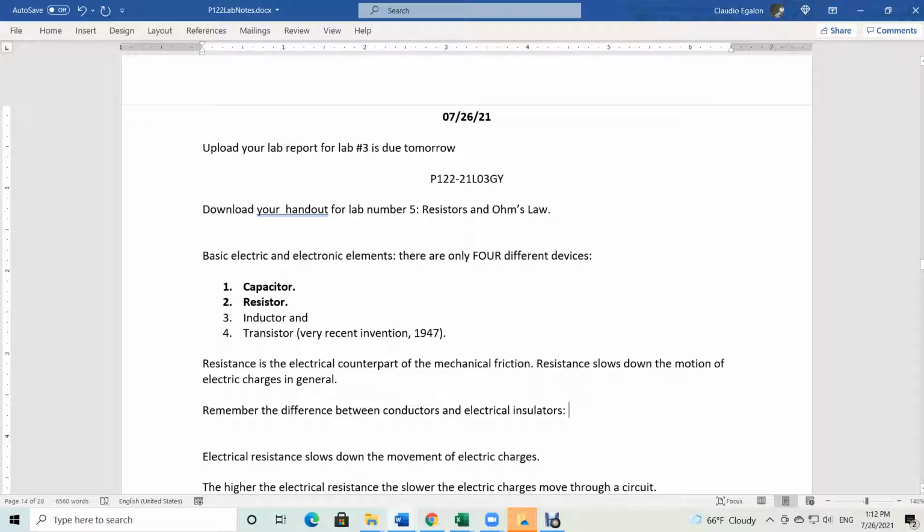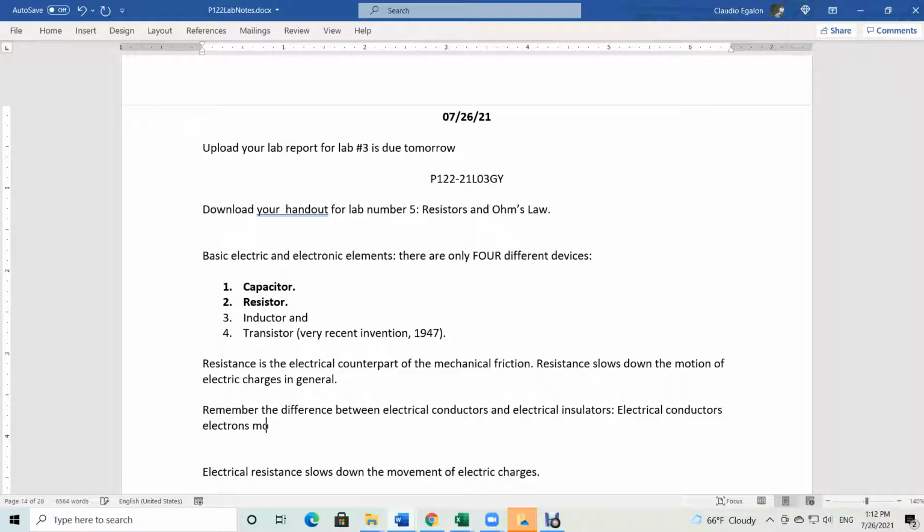In electrical conductors, electrons move easily, freely, in the conducting material. Like metals, for instance, ionic solutions as well.